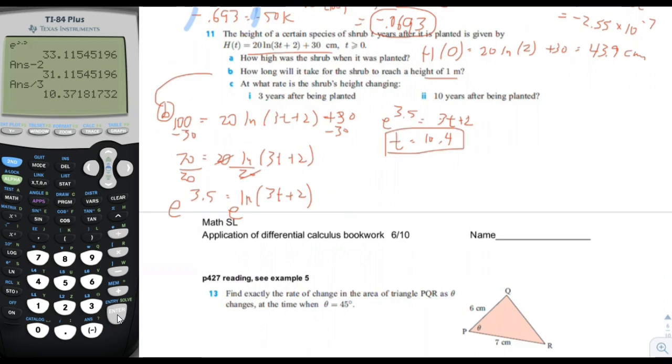Okay. At what rate is the shrub's height changing 3 years after being planted and 10 years after being planted? So basically what they're asking for is h dash. So h dash is equal to, and let's take the derivative of this, we'll have 20, and then the derivative of natural log, remember, is 1 over the inside of the natural log. And then, of course, we need to do chain rule.